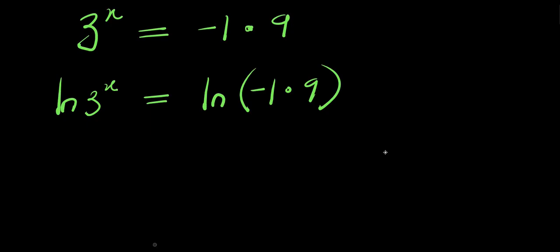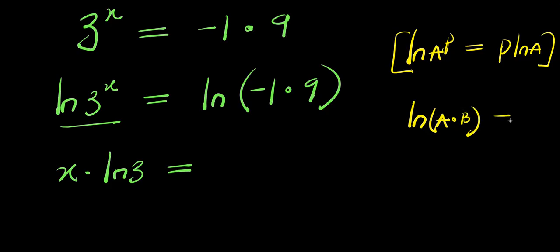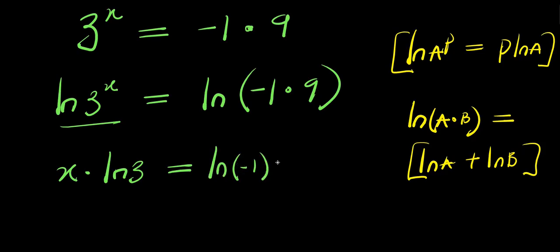So right now, if you have natural log of a power p equals p times natural log a, applying that here, we have x times natural log 3 equals, also, if you have natural log a times b equals natural log a plus natural log b, so we have natural log negative 1 plus natural log 9.